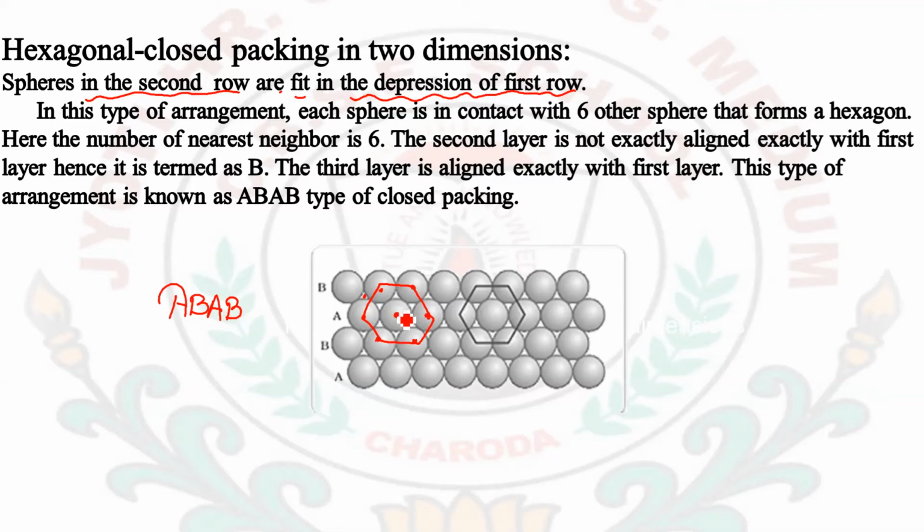Each particle is touching its nearest six neighbor particles, so it is forming a hexagonal shape, and therefore this type of packing is known as hexagonal close packing. So the coordination number here becomes 6, and this type of packing is known as AB type close packing.